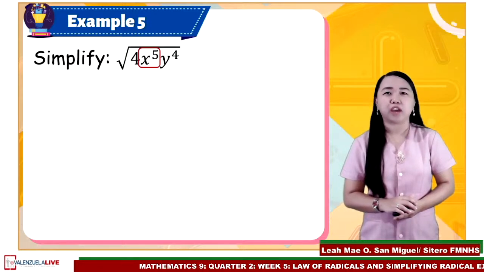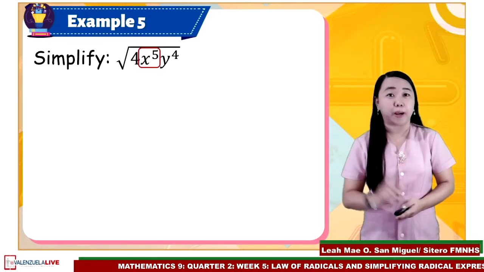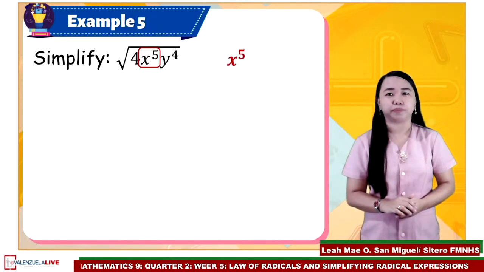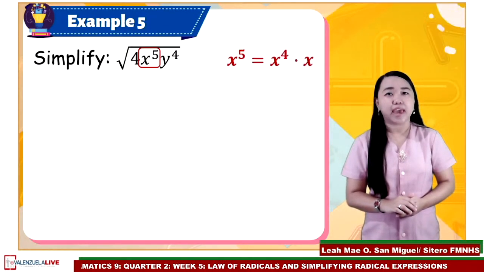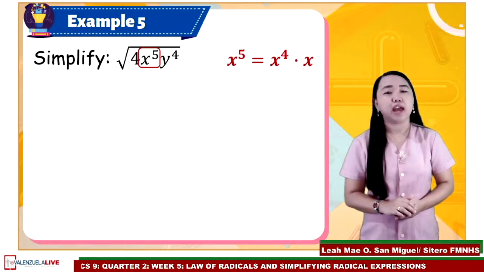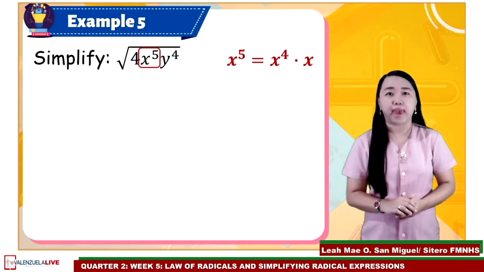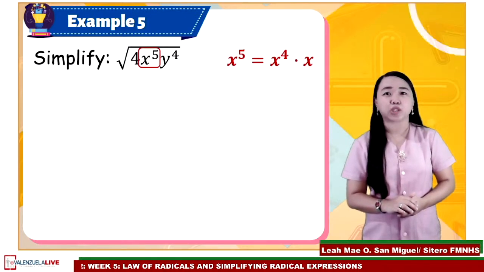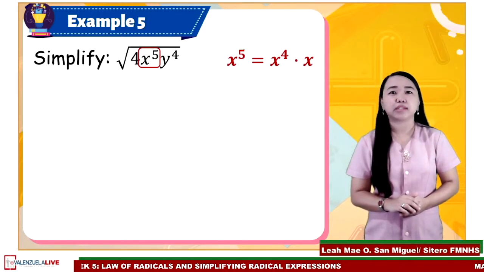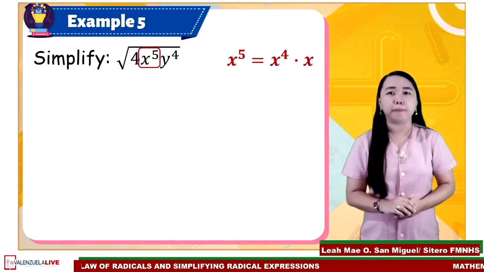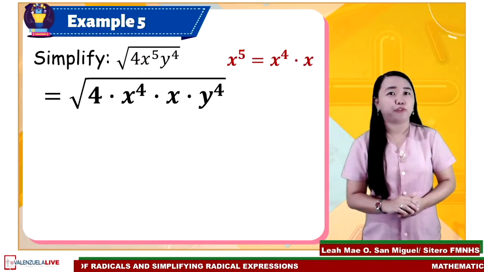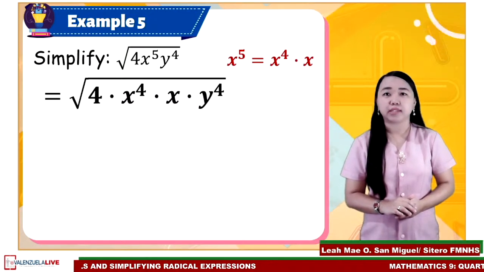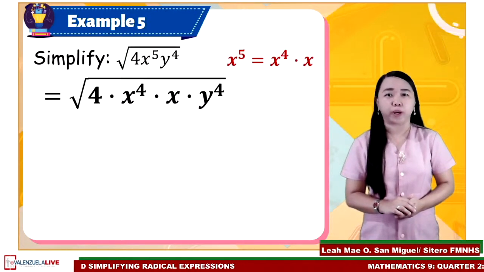X raised to 5 is not a perfect square, but it has a perfect square factor, and that is x raised to 4, and the other factor is x. Rewriting the radicand such that x raised to 5 is expressed in factored form, it will become square root of 4 times x raised to 4 times x times y raised to 4.